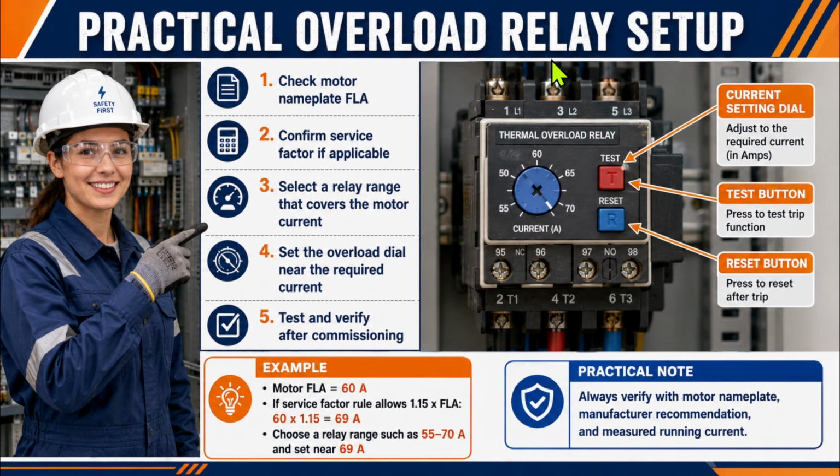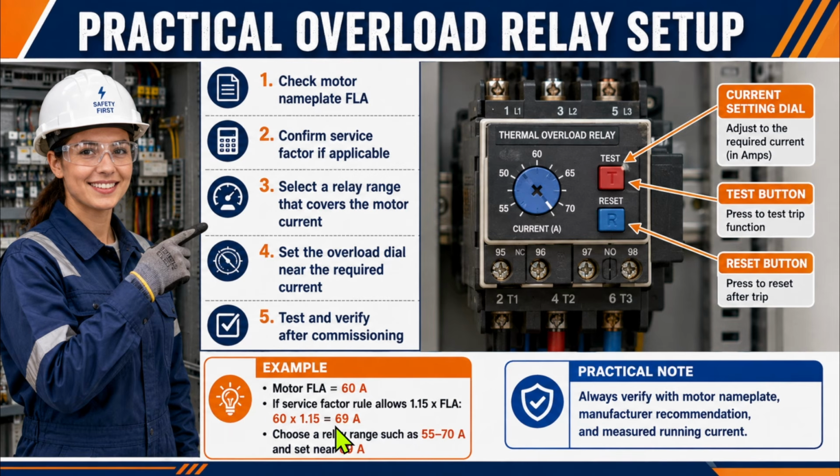Let's put some numbers into this example. Our motor FLA is 60 amps, and the service factor shown is 1.15. So the simple calculation illustrated here is 60 multiplied by 1.15, which gives us approximately 69 amps.